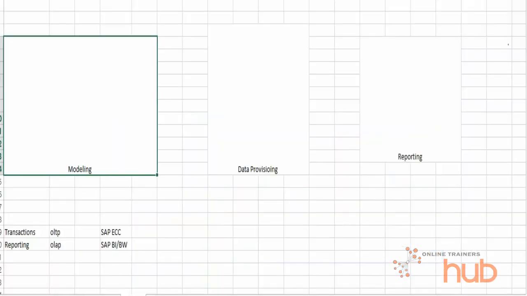So in order to get your footprint into SAP HANA, you need to leverage yourself into 3 types of activities. One is you can be a data modeler or a business analyst creating different types of information models using SAP HANA Studio.